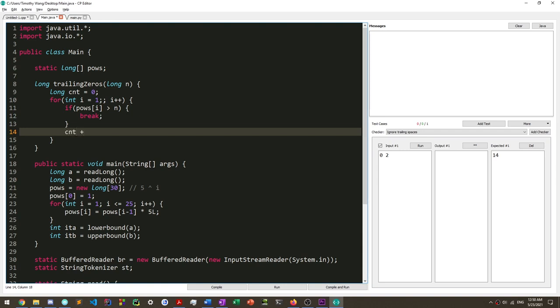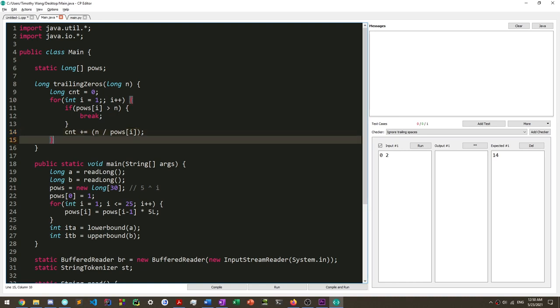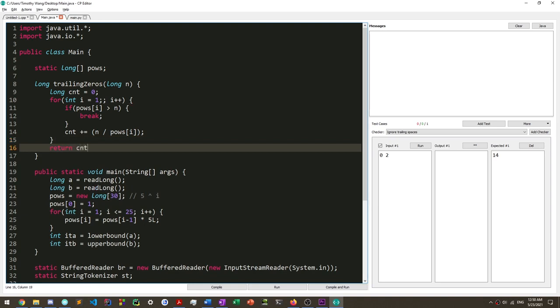Otherwise, we know that count will add n divided by pos i, right? So just like that, and that'll give us the sum. That's the formula that I showed you guys earlier. Then all we have to do is return the count. This is going to give us the number of trailing zeros for an integer n.